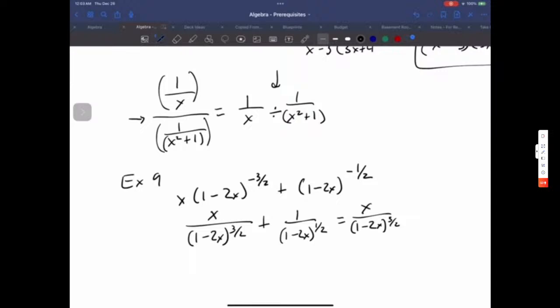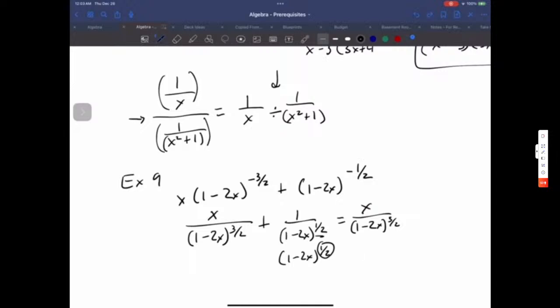And then to get to that common denominator, we look at the fraction and we say that to get this guy to 3/2, we have to add 1 to the exponent, because 1 plus 1/2 will get us to 1.5, which is 3/2.